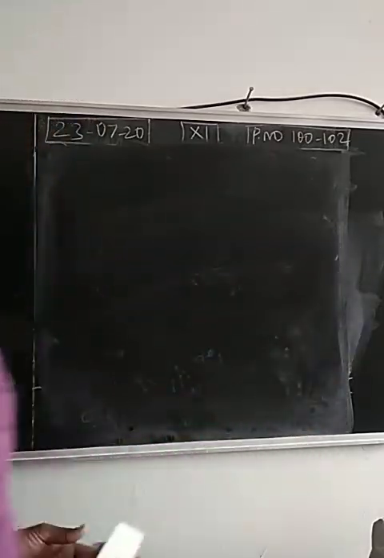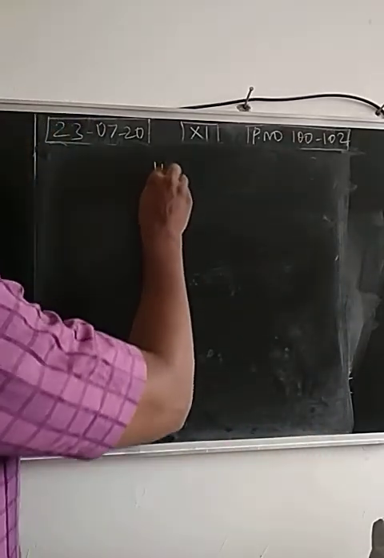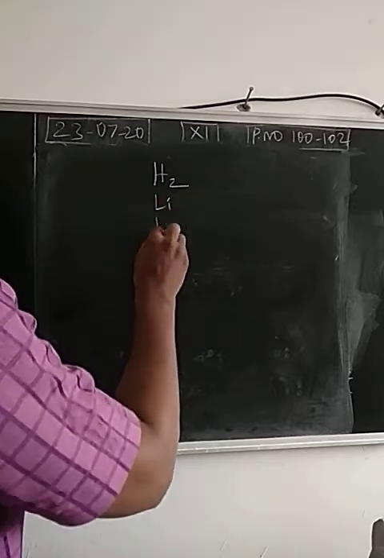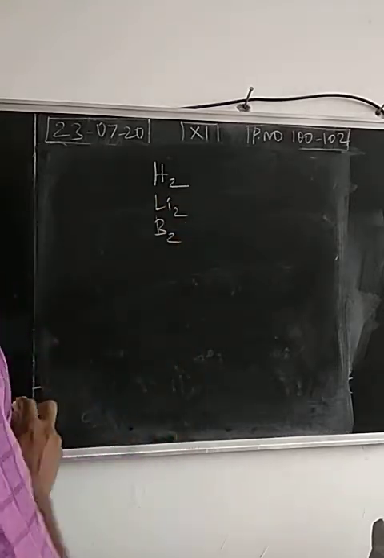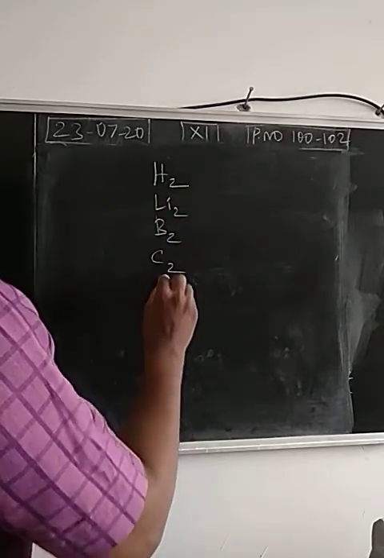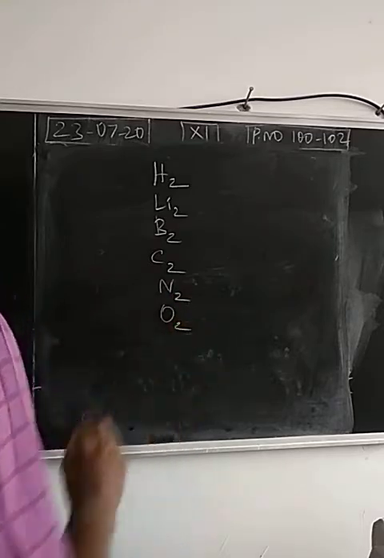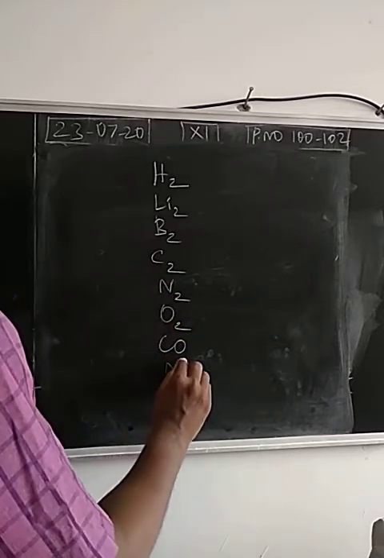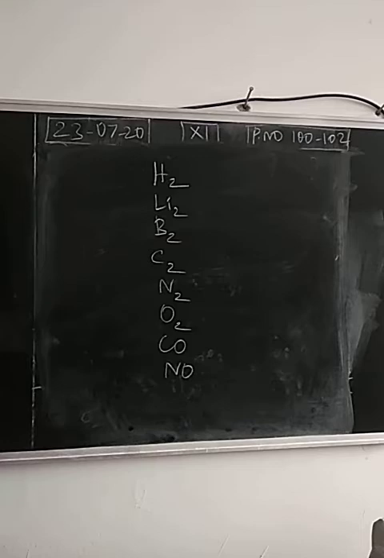So what are the molecules we have completed? Hydrogen, lithium, boron, carbon, nitrogen, oxygen, carbon monoxide, nitric oxide. Totally 8 molecules we have completed. Out of these 8, one 3 mark and one 5 mark question will come for the exam, right?